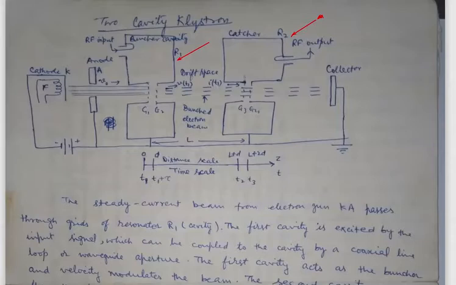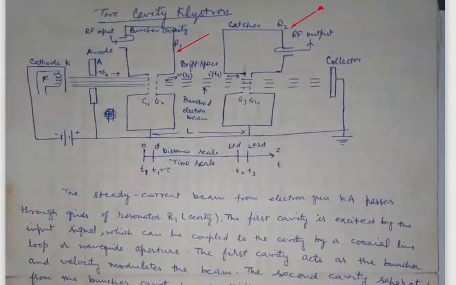There is a collector electrode or anode which collects the remaining electrons. The steady electron beam from electron gun K passes through the grids of resonator R1.